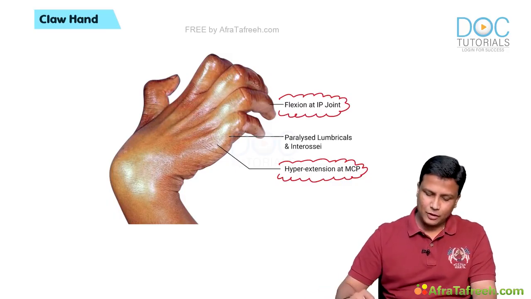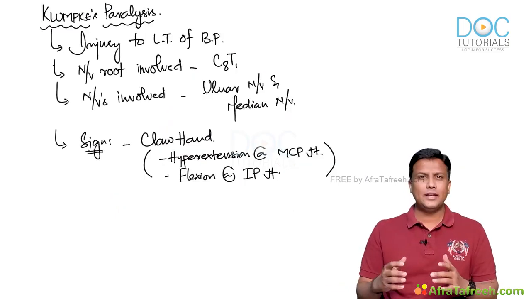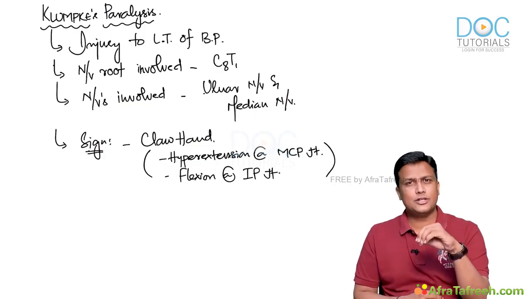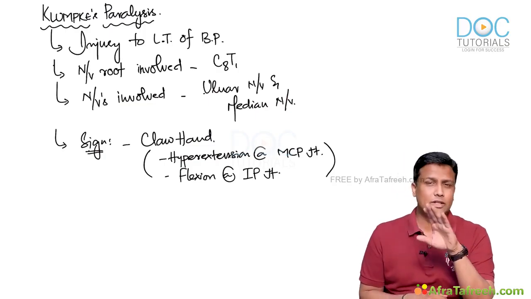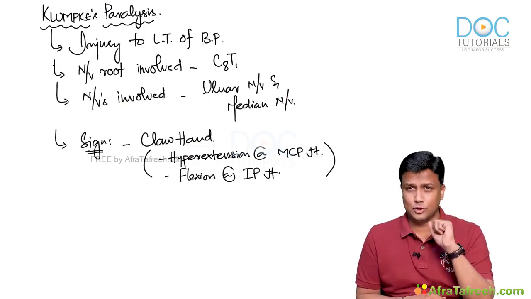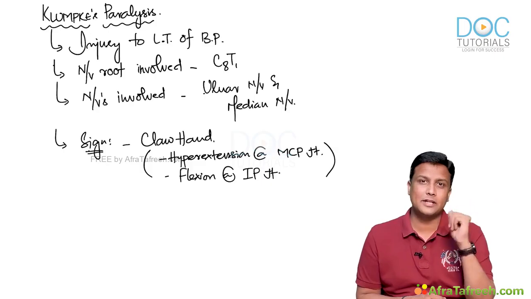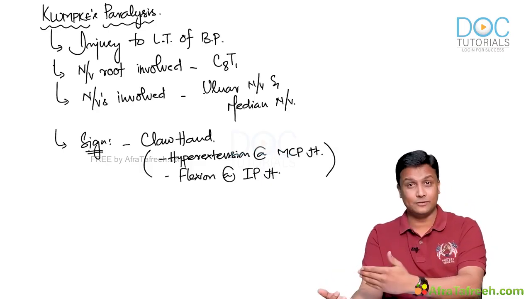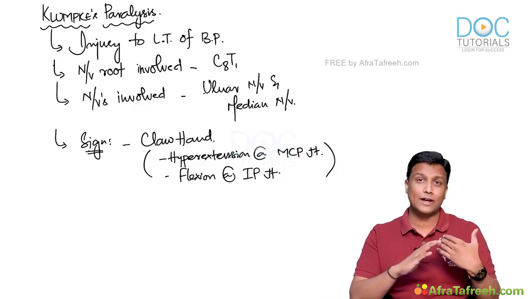Now one thing which is very important here, guys, listen carefully. Normally in a clinical condition, patients can come with just an injury of the ulnar nerve and median nerve. It might not be Klumpke's paralysis. Try to understand what I'm telling. I'm telling only about the nerves, not involving the complete root value, C8 and T1.